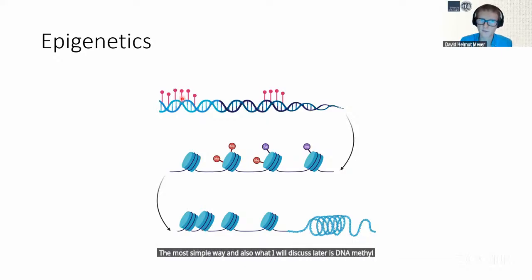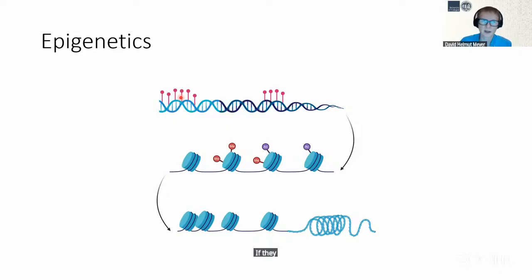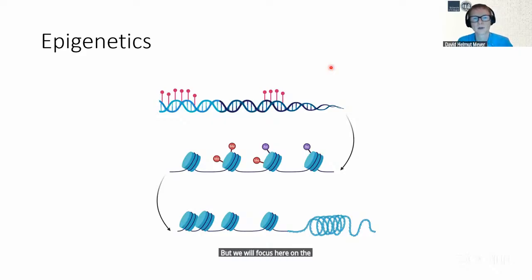So these are small modifications directly on the DNA. Usually, if they are at the promoter region, they are repressing the gene. So in a liver cell, you don't want neuronal genes active, so they are usually repressed with DNA methylation, for example. But then you also have other modifications on the histones where the DNA is wrapping around. It's getting quite complicated, and of course, a lot of it still is not known, but we will focus here on the DNA methylation part.